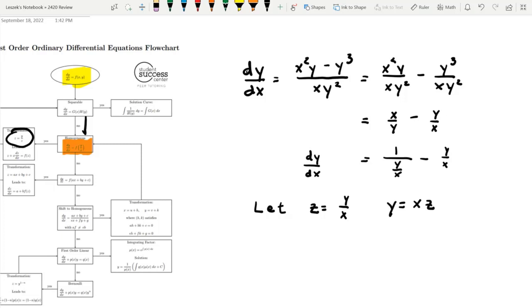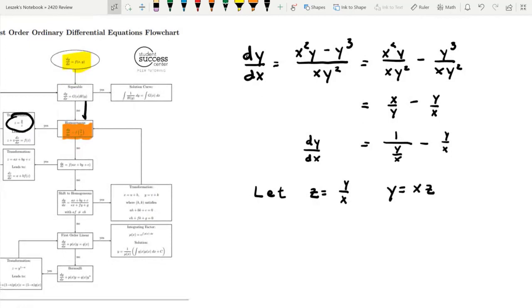Okay, so now is the change of variable part. It's good to remember that x is the independent variable. y is a function of x, and when we define z this way, we see that z is a function of x ultimately.